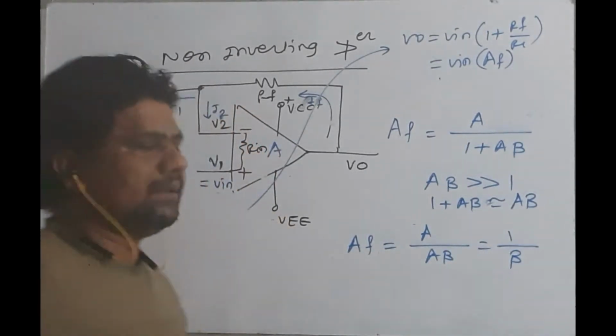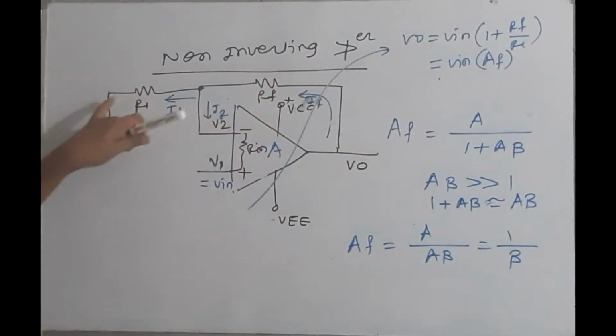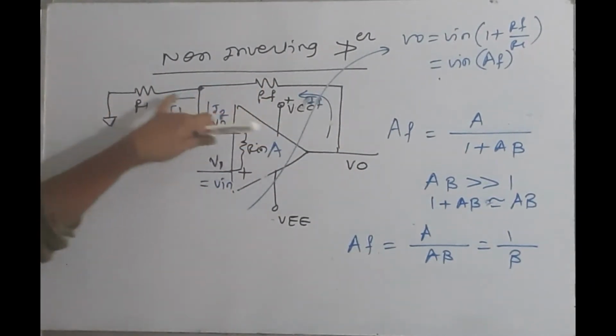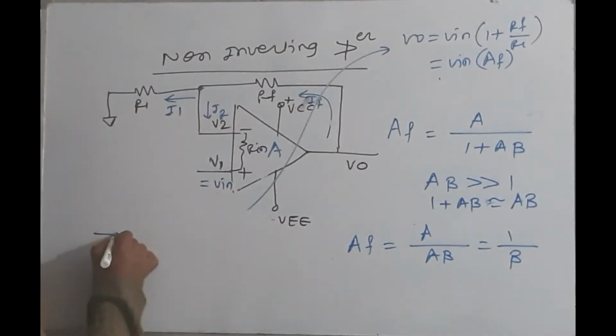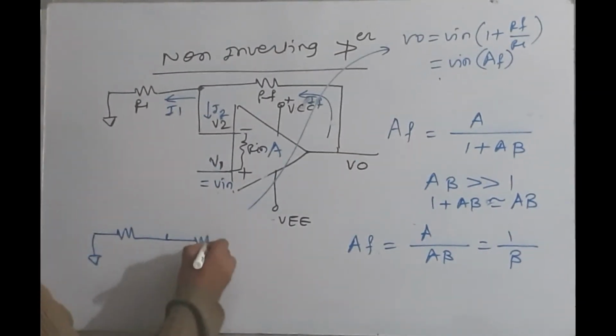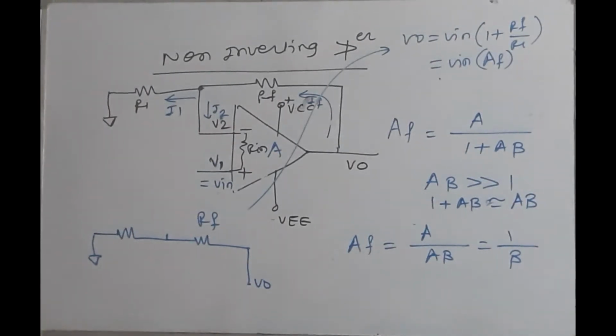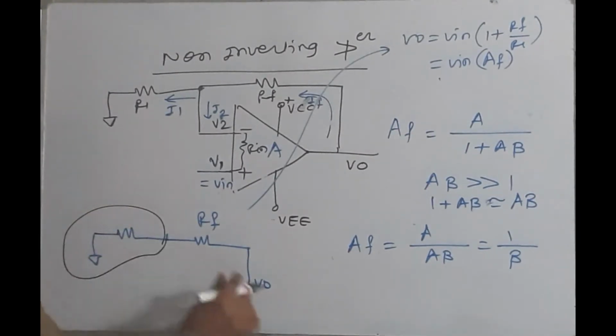Now what is beta? Current will flow from higher potential to ground, so voltage division will happen. Voltage is taken across R1, and this is RF, and this is V0. Correct? So what is my beta factor? Beta factor is how much voltage is present across this with reference to the output V0.